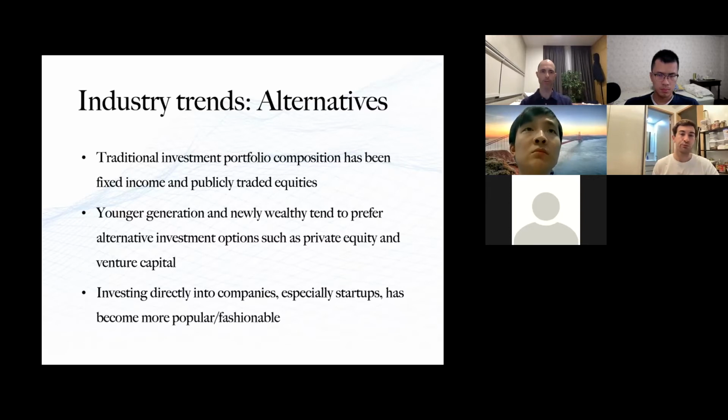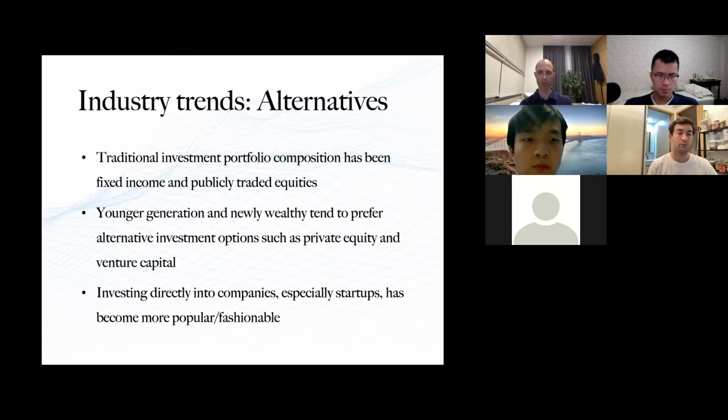And the views of those principals were typically, we want to preserve our money for future generations. There has really been this emerging trend of being more aggressive with the investment portfolio, such that it's more than just fixed income and publicly traded equities, which has been historically the case.